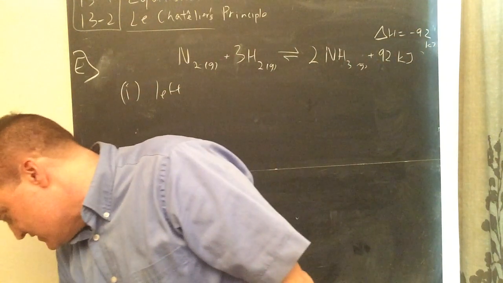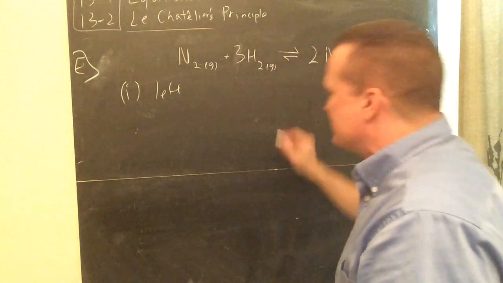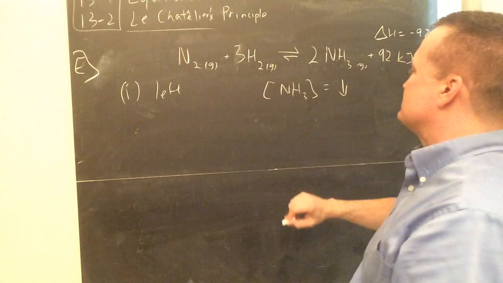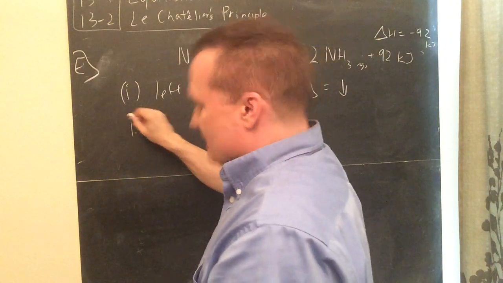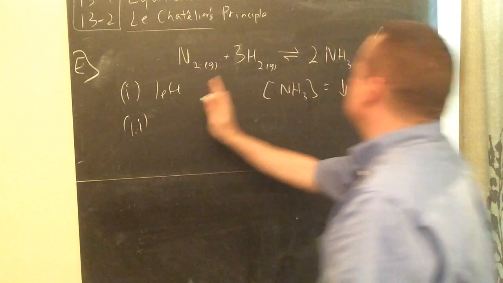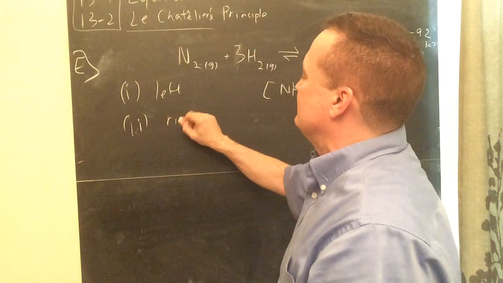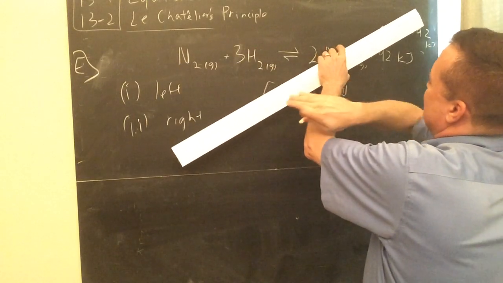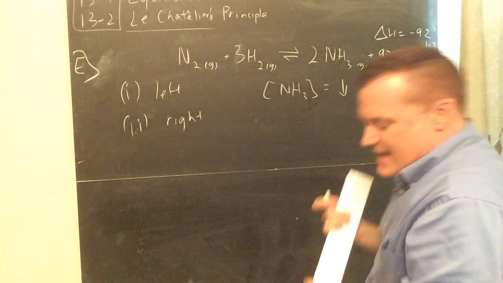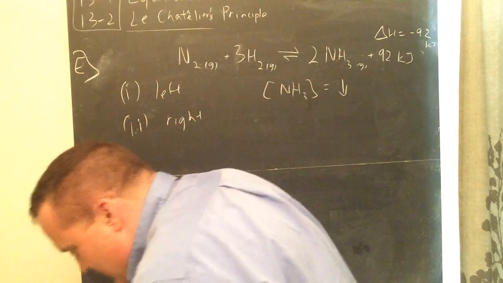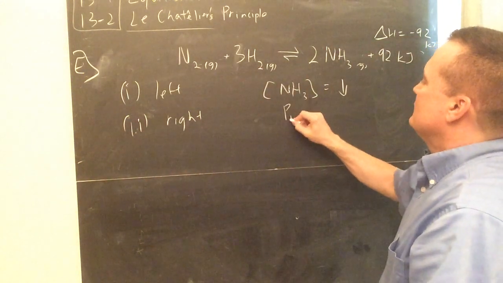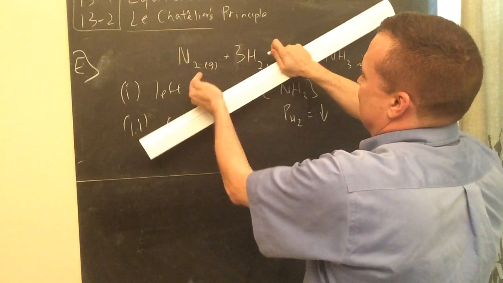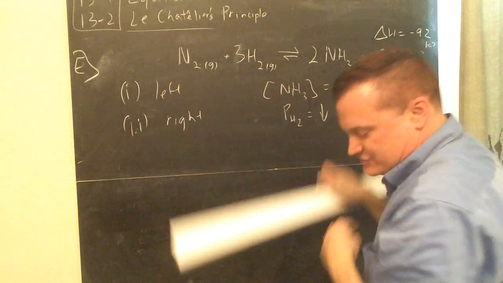After that, you'll find that the concentration of NH3 will be lower than it was to begin with. All right, number two, if you decrease the temperature, then it's going to go the other way. It's going to shift right, since you take away the heat that was there. And when it gets to its new position, the partial pressure of H2 will be lower than it was to start off, because shifting right means more reacts and takes away some of the hydrogen at least.